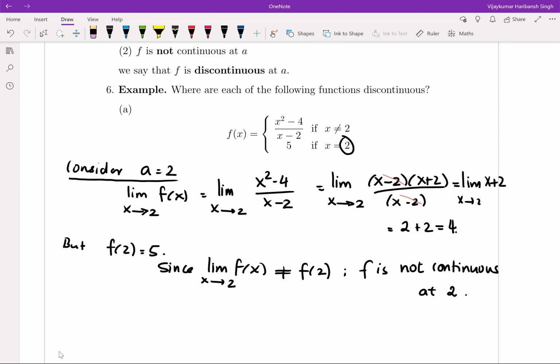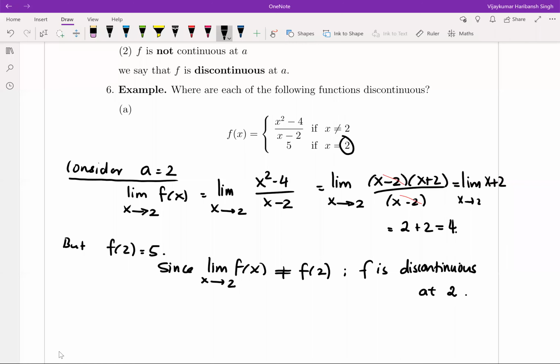F is not continuous, but f is defined in the neighborhood, in the open interval containing 2. So f is defined actually for all real numbers. So instead of not continuous, I'll write f is discontinuous at 2.